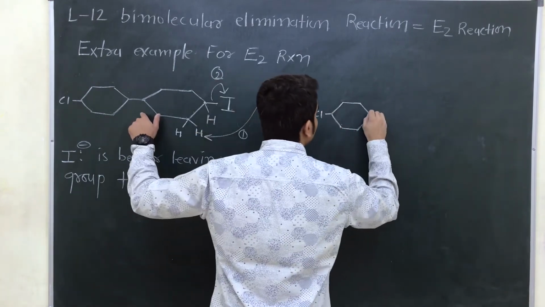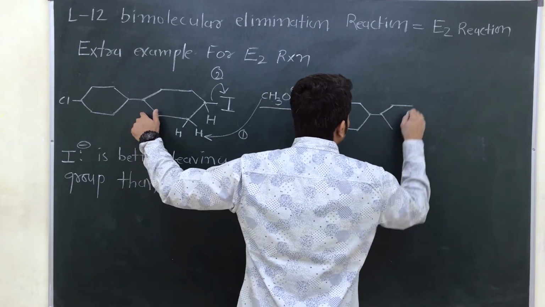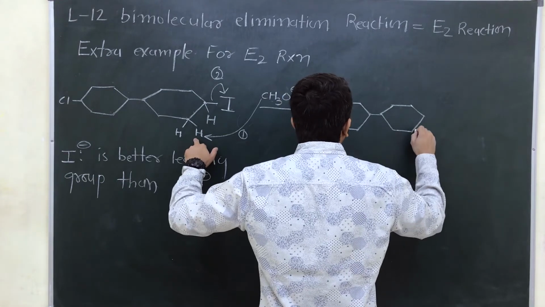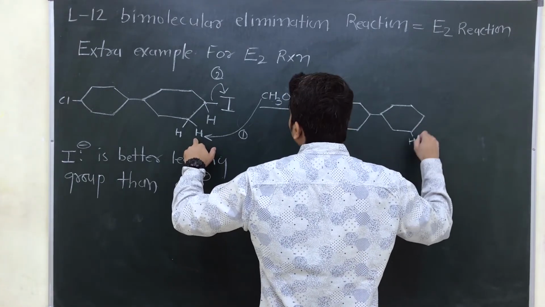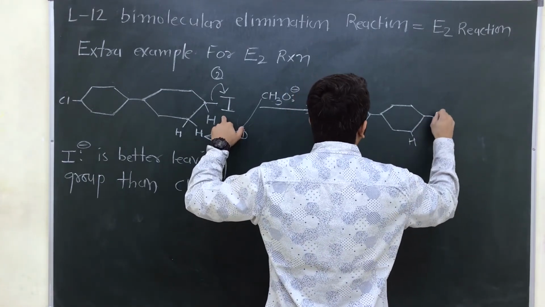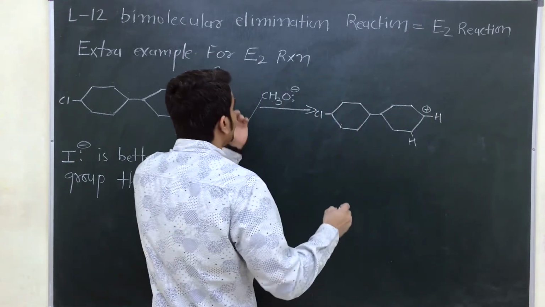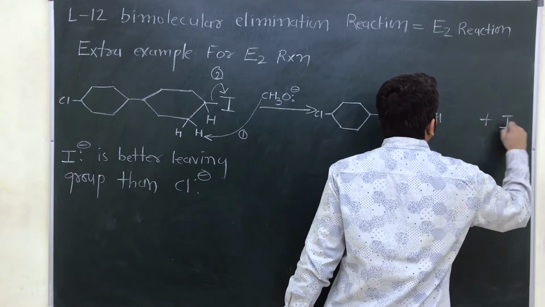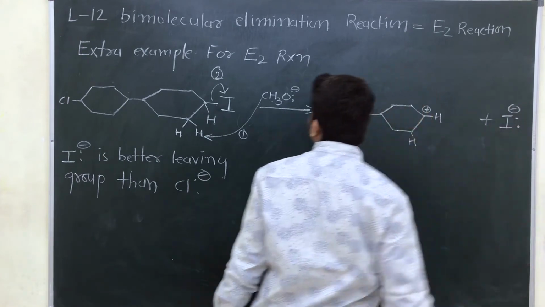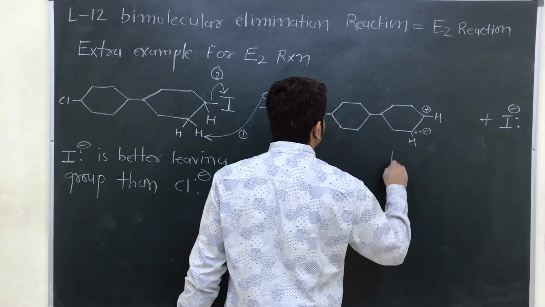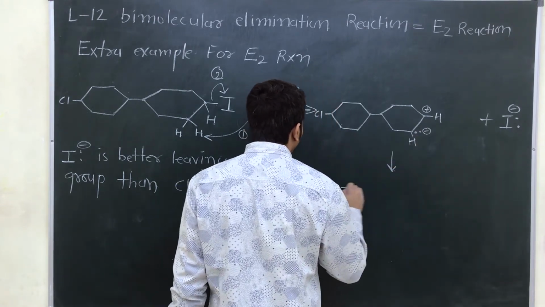One hydrogen is removed, only one hydrogen is left here. There is a positive charge because chlorine takes the pair. Clear? And there is a negative charge on carbon. So the main final answer.